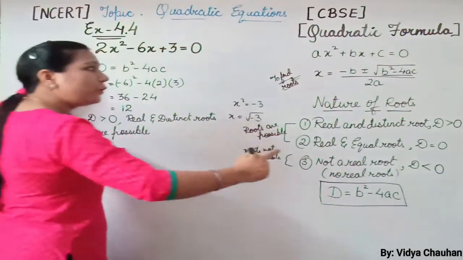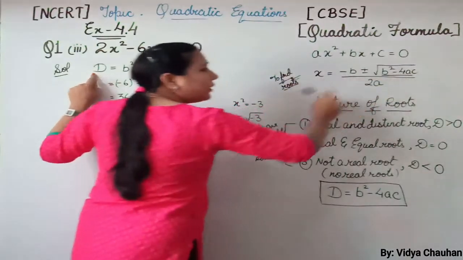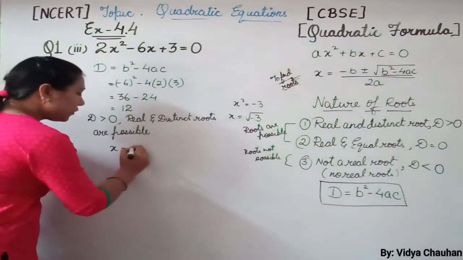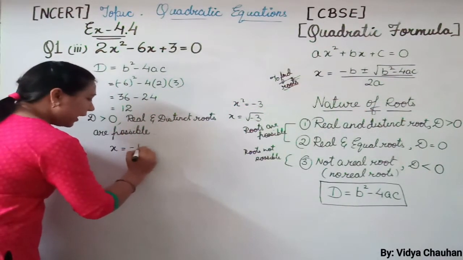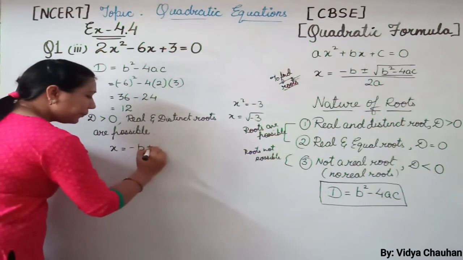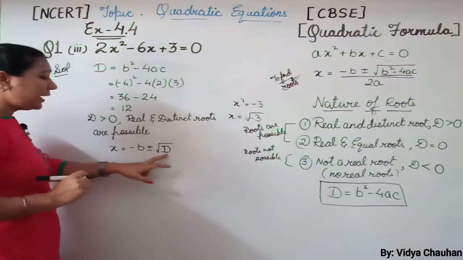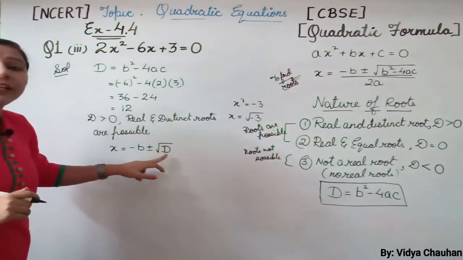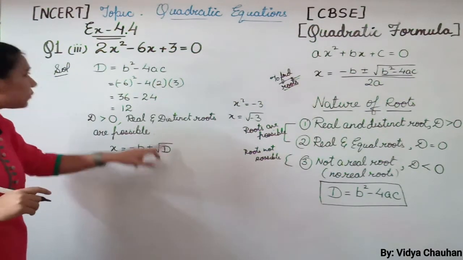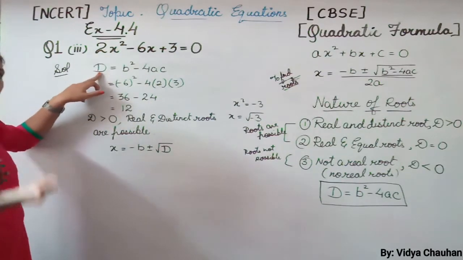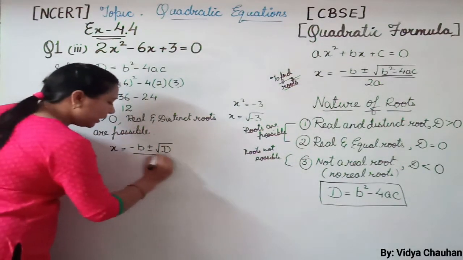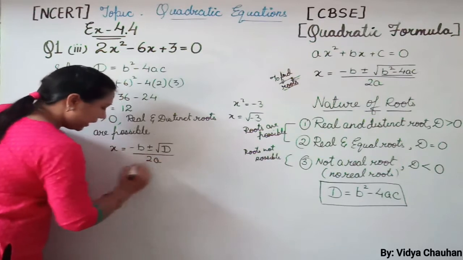So there is no need to put the formula value again. You can write the same equation as x equals minus b plus minus square root of D upon 2a, because b square minus 4ac is the discriminant.